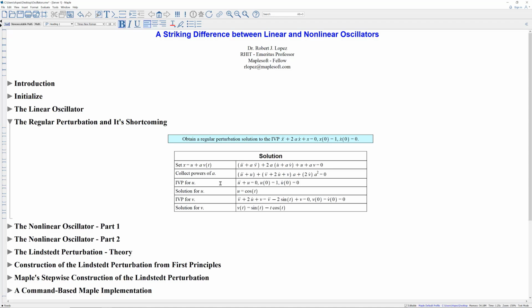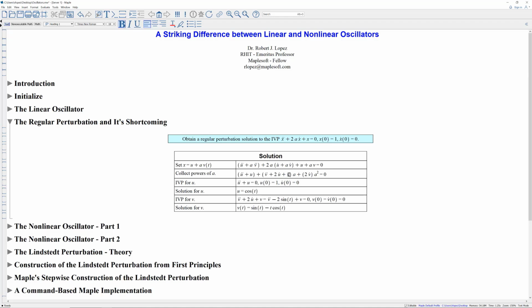Let's solve for u by assuming that each of these coefficients separately must vanish. So you get u double dot plus u equals 0. Here are the initial conditions applied to u. The solution of this initial value problem is u equals cos t.